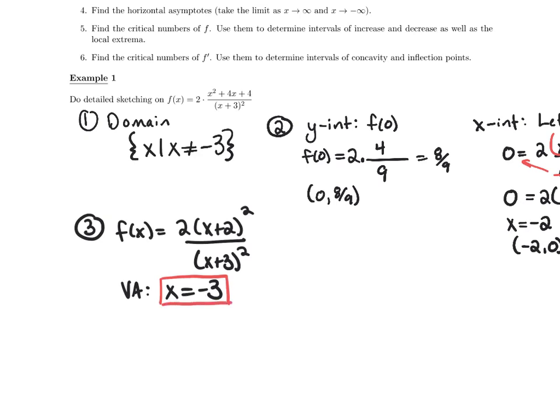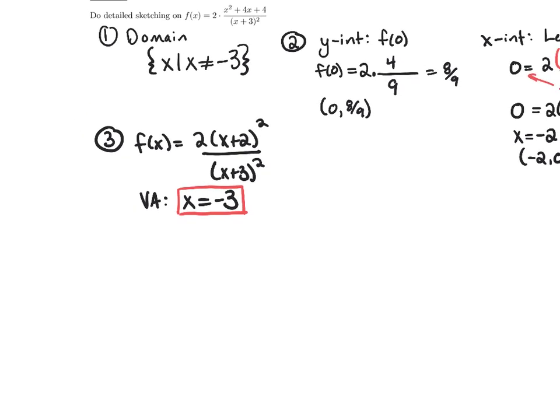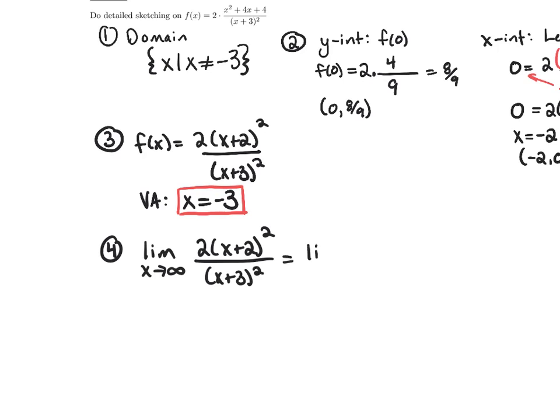Step 4 is the horizontal asymptotes. So if I want to find the horizontal asymptotes, I need to take the limit as x goes to infinity of the function. Let's go ahead and go with this simplified version. I'm going to think about what would happen when I expand this function.